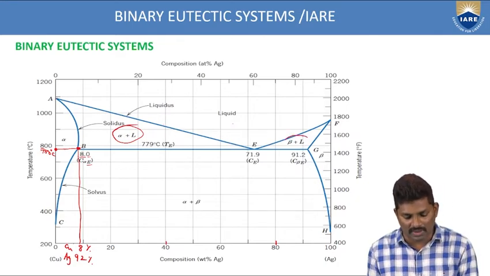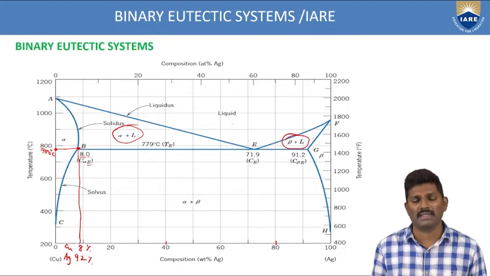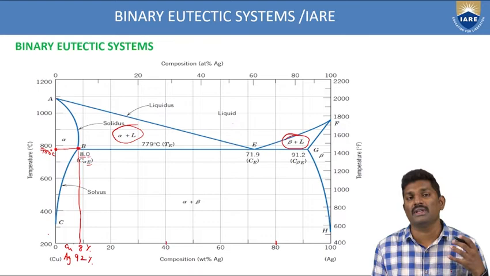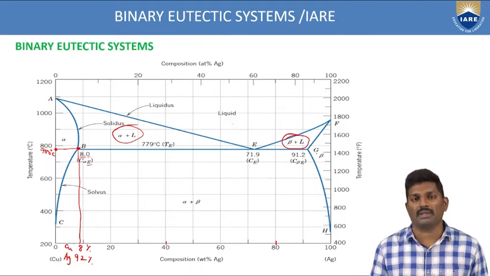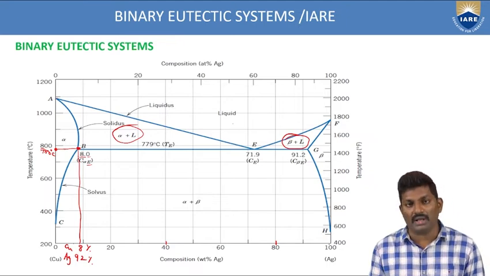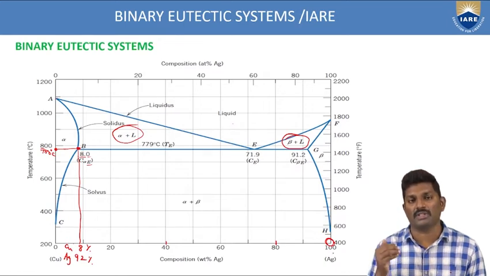Similarly, here also you have beta plus L. So alpha is what? Alpha is nothing but the percentage composition of silver. In this case, beta is percentage composition of copper. That means you have a rich composition of silver at this point. That means at the extreme right side, you have the rich composition of silver.